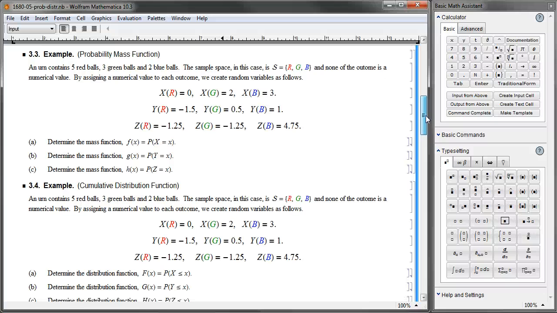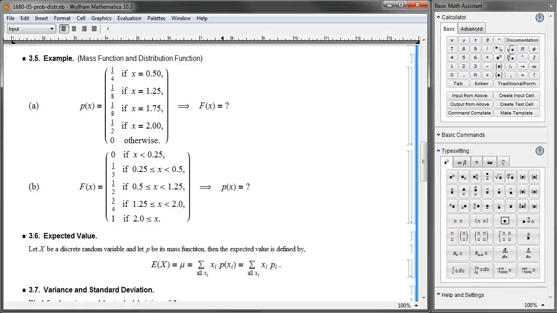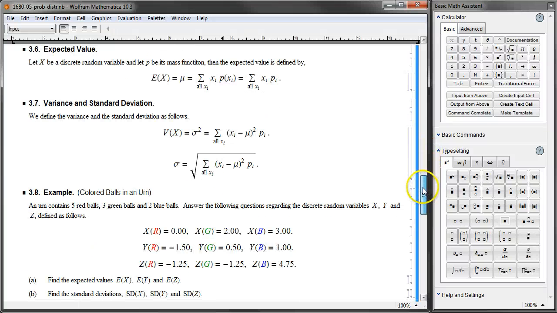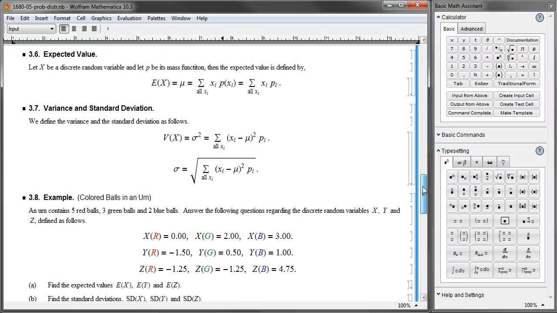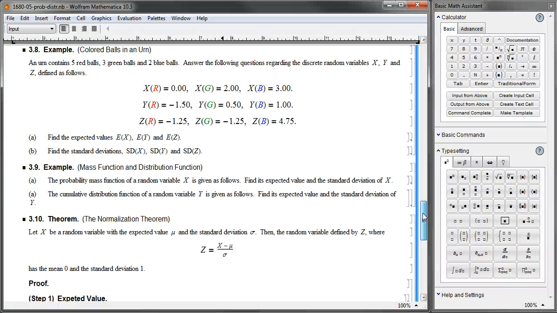And then we went through some examples of probability mass functions and cumulative distribution functions using earned models. We went through some conversion between mass function and cumulative distribution function. We went through expected value, variance, and standard deviation, and we studied some computation examples.